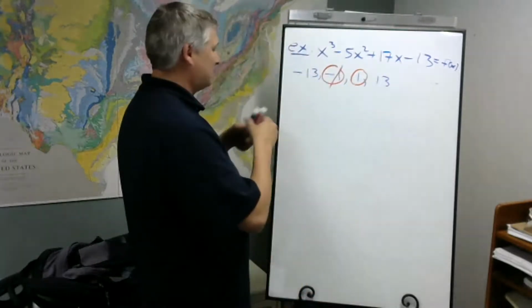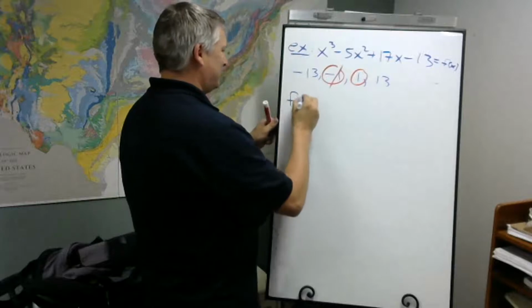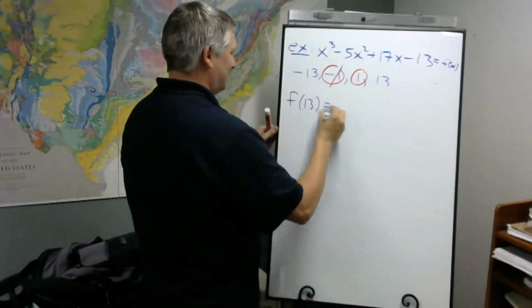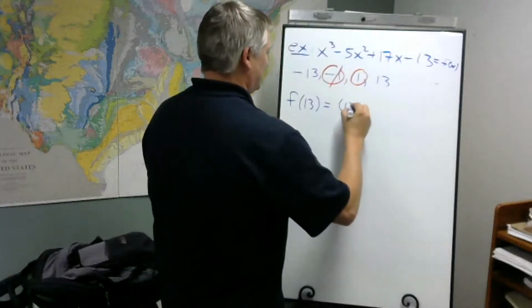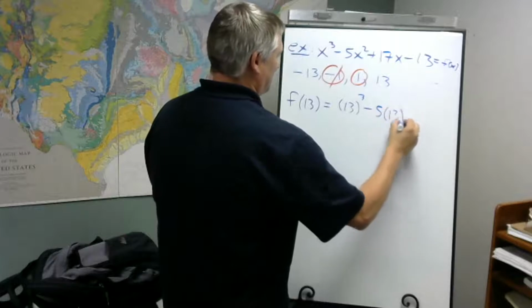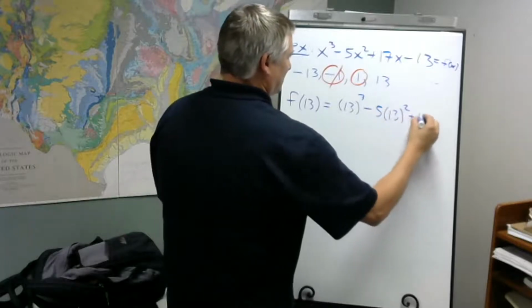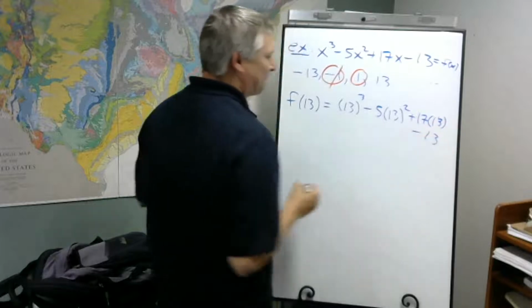So we're going to test this one here. f of 13, it's 2197, or 13 cubed, minus 5 times 13 squared, plus 17 times 13 minus 13.